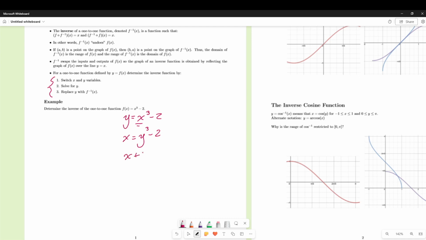So they'll get x plus 2 equals y to the third, so y equals the cube root of x plus 2. But it's important to remember that this x is not the same as these x's. This y, as soon as we flip them, we're changing what we mean by x and y.